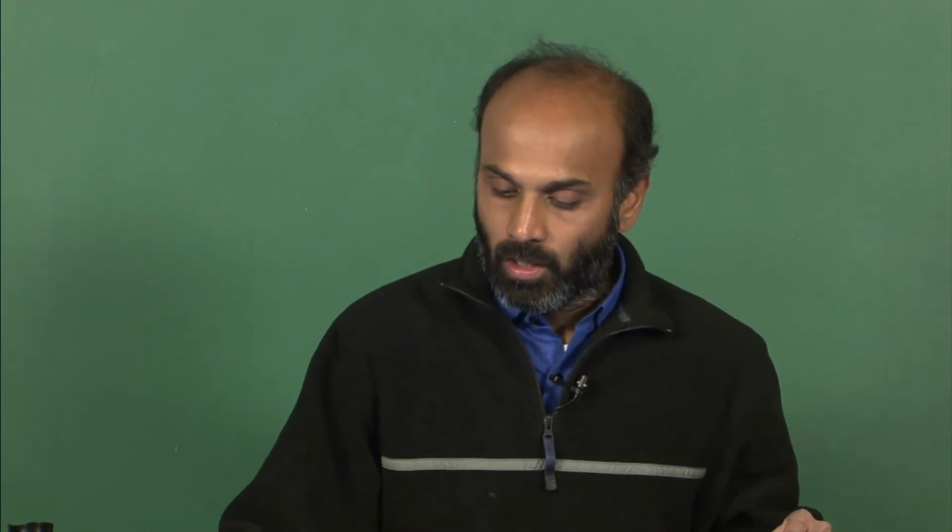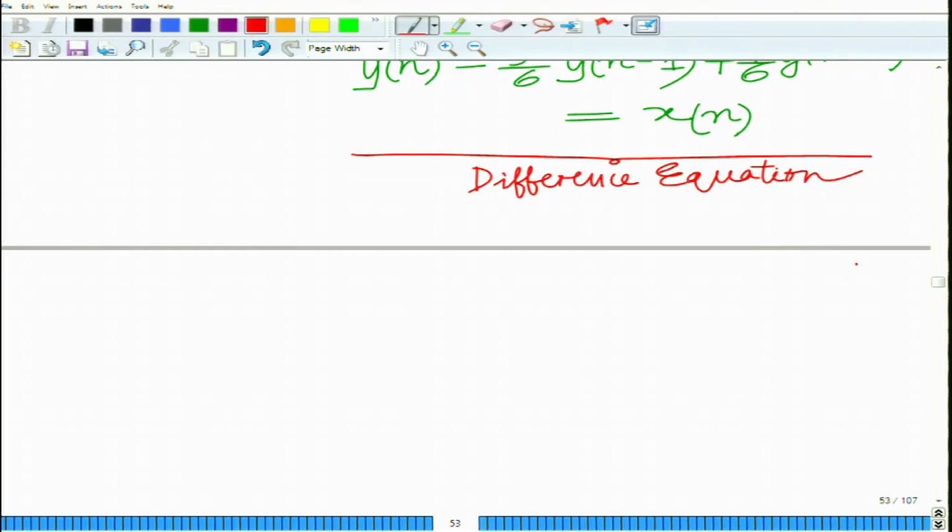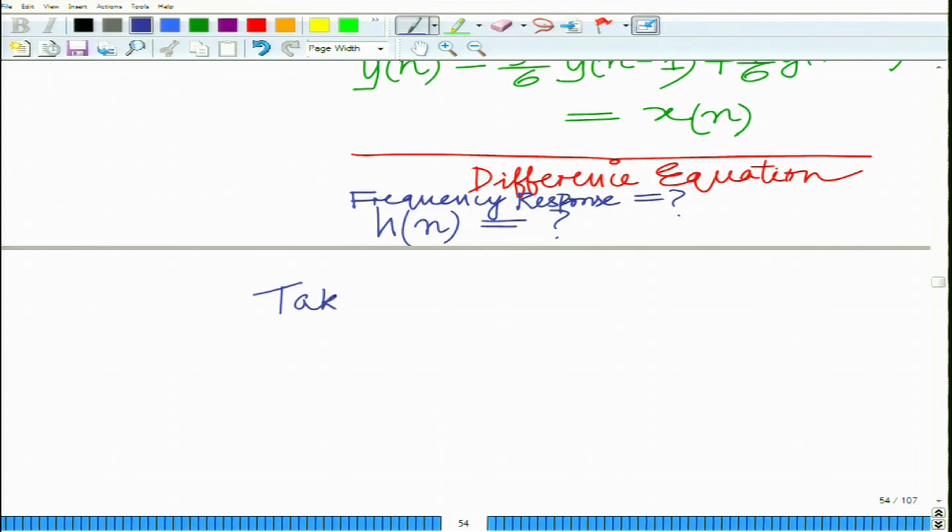Now, once again, what we want to find for this problem is the impulse response for this system. First, what is the frequency response, which should be very easy to find, and what is the impulse response? Now, frequency response is simply obtained by taking the DTFT on both sides.